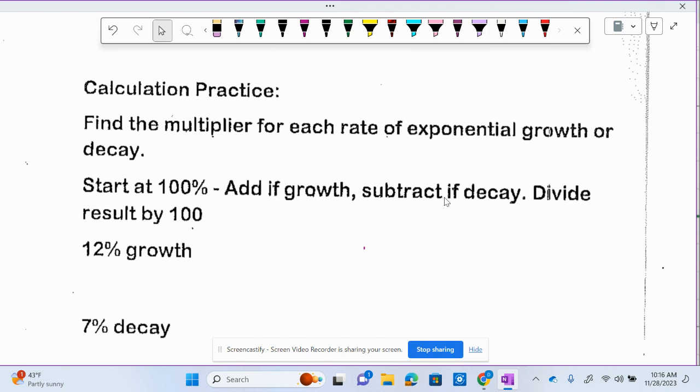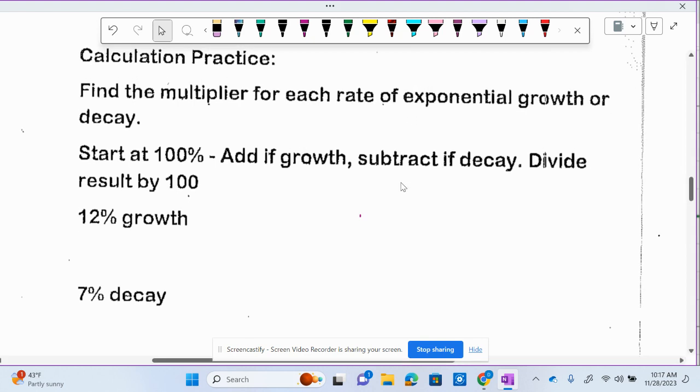All right, raise your hand if you need more time with that. All right, I'm going to move on to the next page.